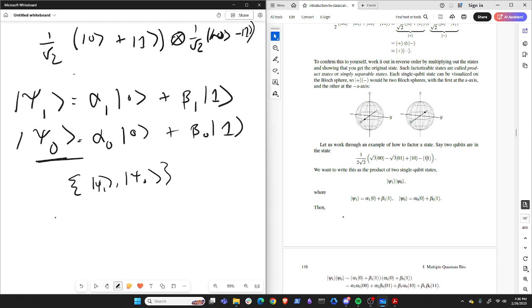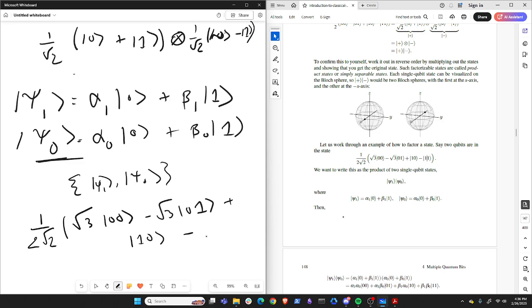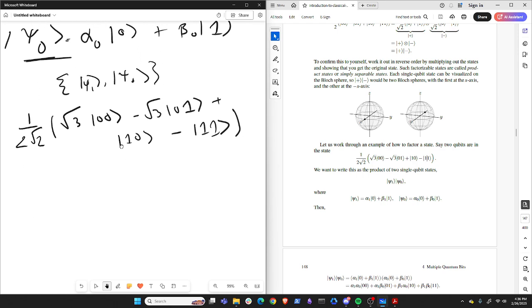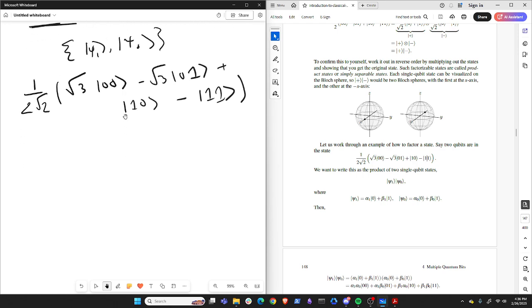So we have this superposition of two qubits, and we want to see if we can pull this into two individual qubit states.